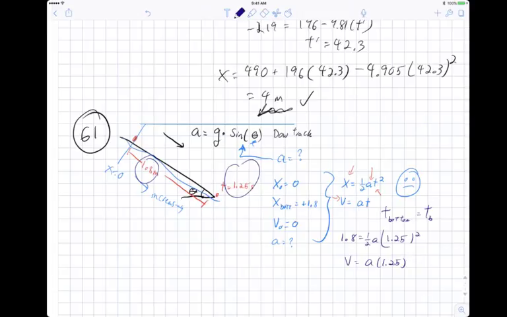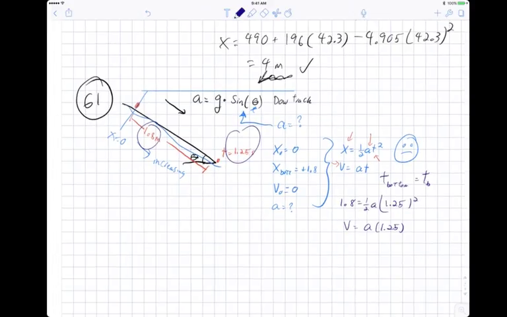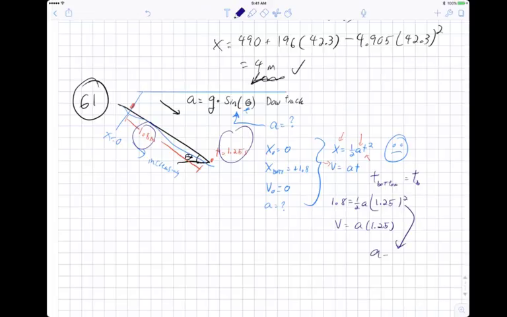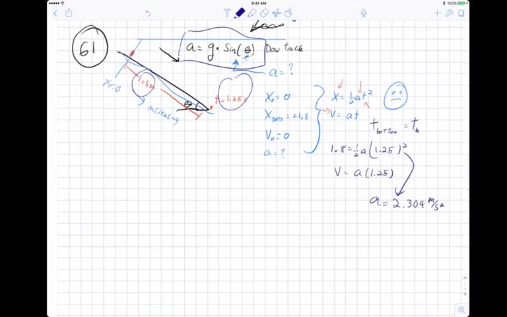So this means that we've got 2 equations and 2 unknowns, and they're not very hard to solve. I'm going to solve this one for the acceleration. That's 2.304 meters per second squared, and so we can plug it into this equation to find theta. A is equal to 2.03, nope.